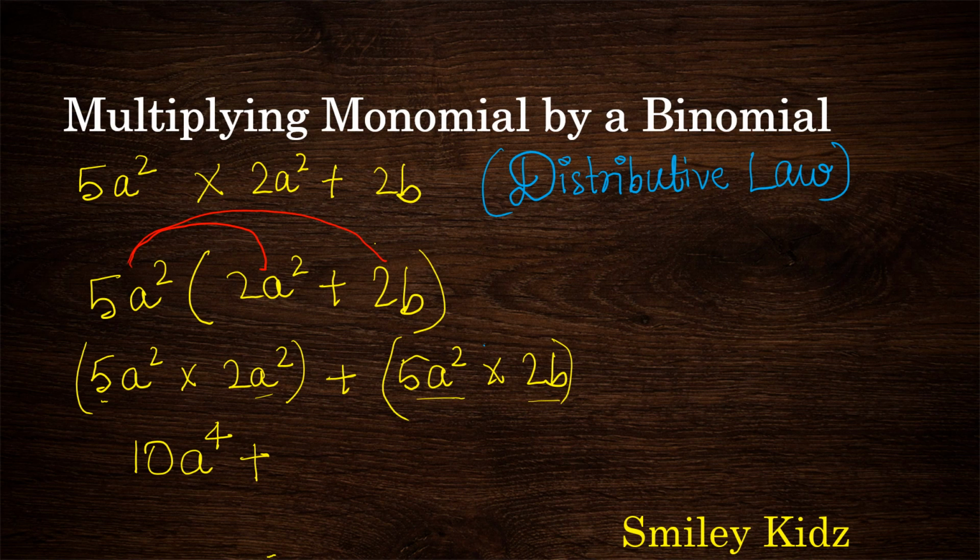Multiply their coefficients first. 5 multiplied by 2 gives us 10. Then we have a square b. So our final answer is 10a to the power 4 plus 10a square b. This is how you're going to multiply monomial by a binomial.